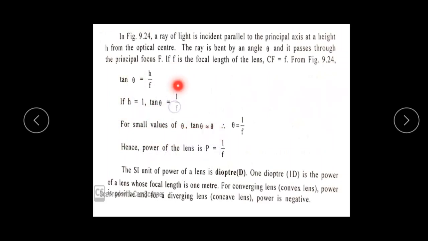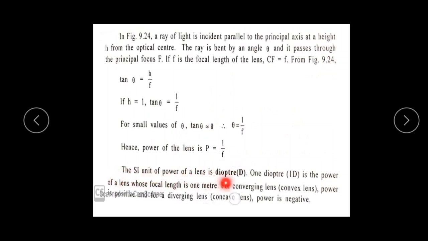Hence from this equation, theta is equal to 1 by f. Hence the power of lens formula: the power of lens P is equal to 1 by f. So the power of a lens is the reciprocal of its focal length.